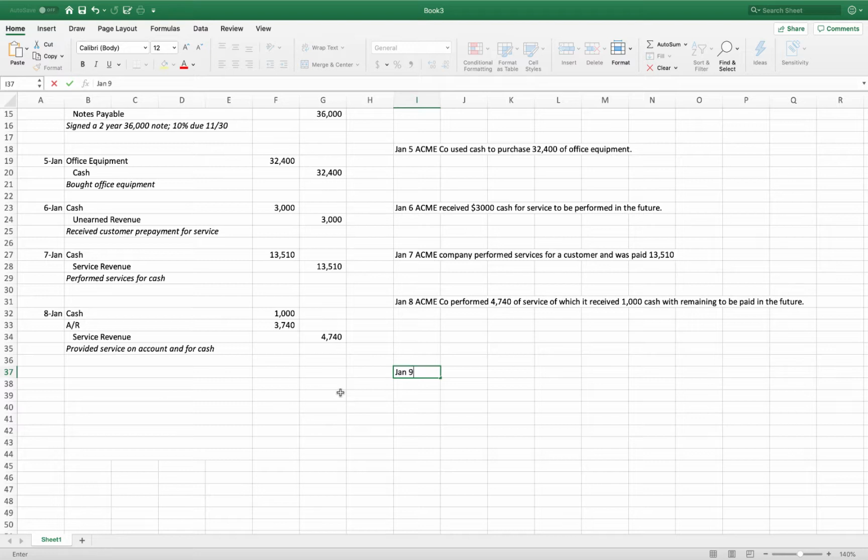on January 9th. Acme Company. Say Acme Company. Paid. Right now I'm just stopping for a second. Paid. Automatically cash is one account that's going to be hit. Why? Because I saw paid.